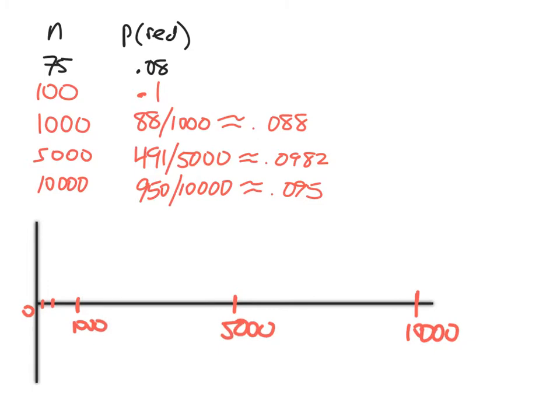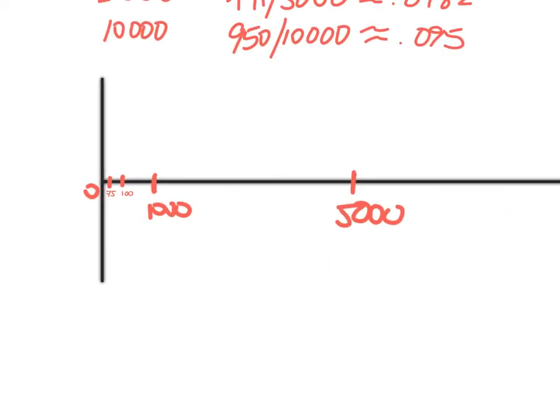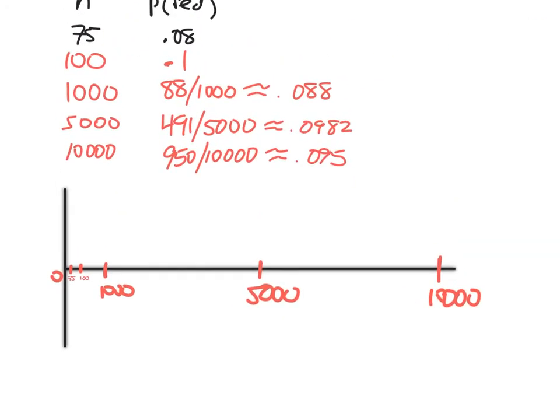It's too messy to actually draw it in there. I mean, I could, but it's not even going to be visible when I zoom out. All right, but I could put my benchmark here of 0.1. 0.08 is going to be just a smidge below that. 0.1 is obviously on it. 0.088, kind of in between.